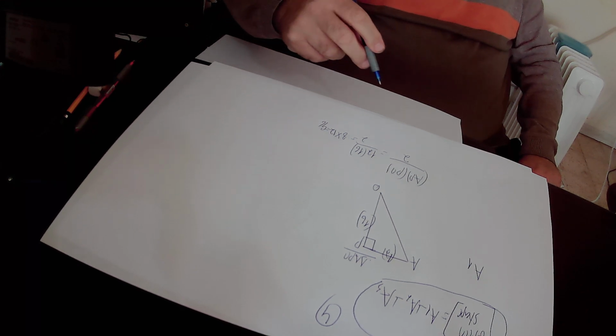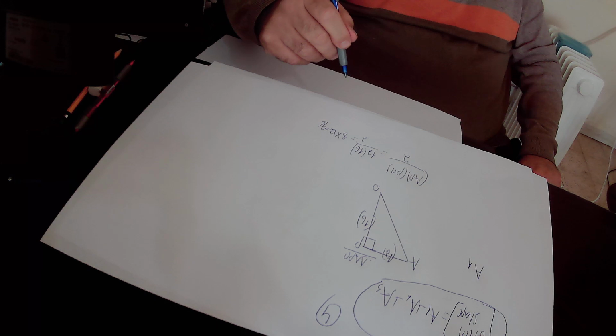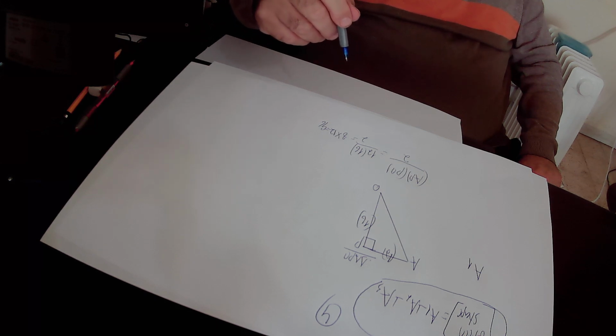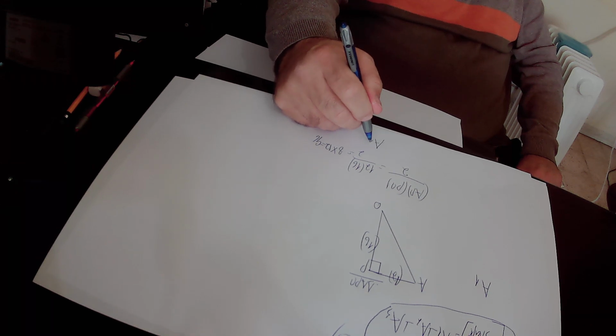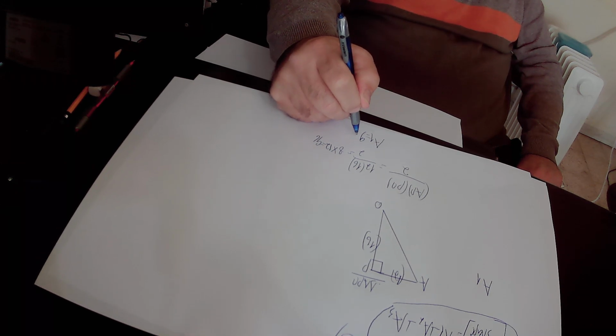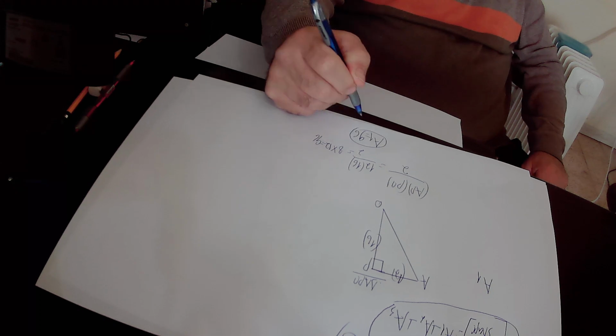So in conclusion, we found out that A1 equals 96 square units. I'll write it here. A1 equals 96 square units.